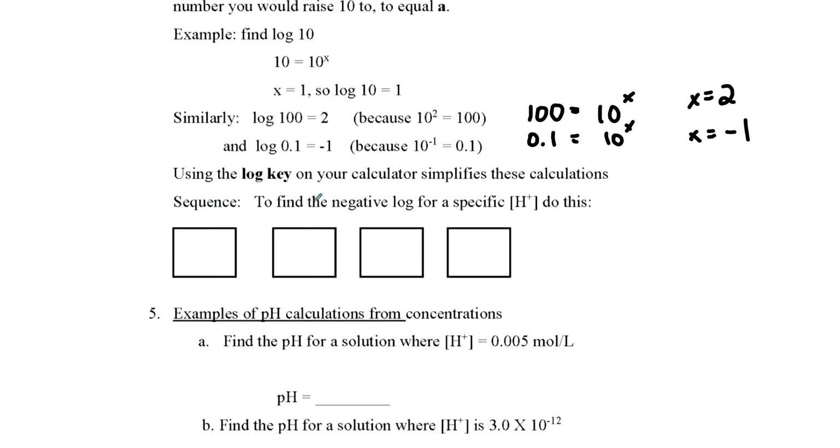This is the sequence of buttons you would press: your negative sign, then the button that says log, then a numerical value, whatever the concentration of the hydrogen ion is, and then equals.